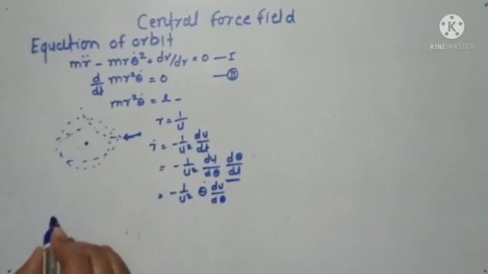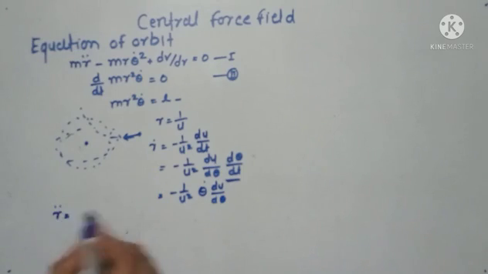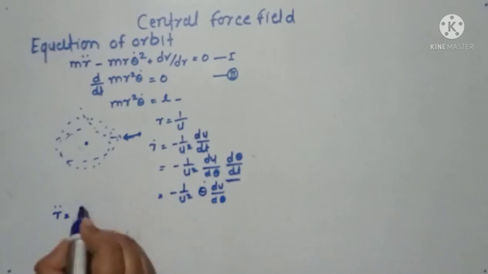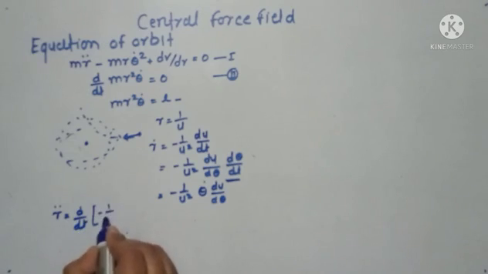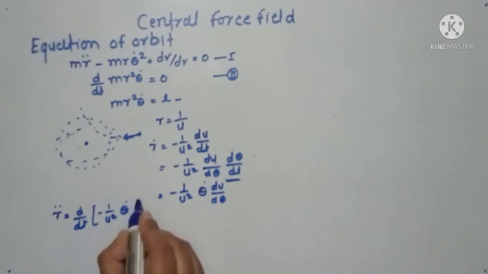Now if I want to write down r double dot, I have to take the derivative of this r dot. So this is d by dt of this whole term, minus 1 upon u square theta dot du upon d theta.